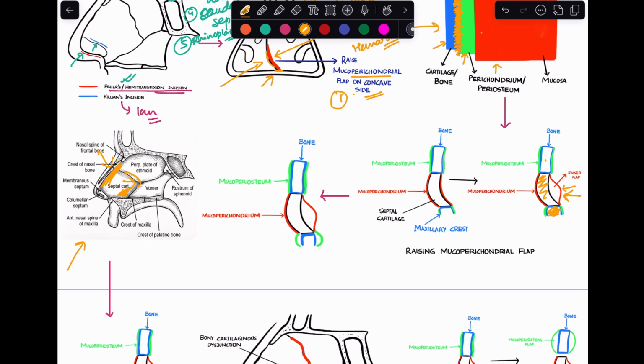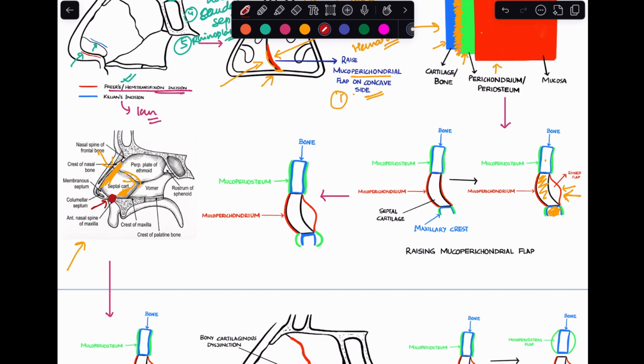Now, in certain scenarios, you may end up facing an issue while you're raising the flap. It might be difficult. The regions where you usually face a difficult flap elevation are the junction of the septal cartilage above, at the level of the anterior nasal spine right over here. It can be adherent over here.